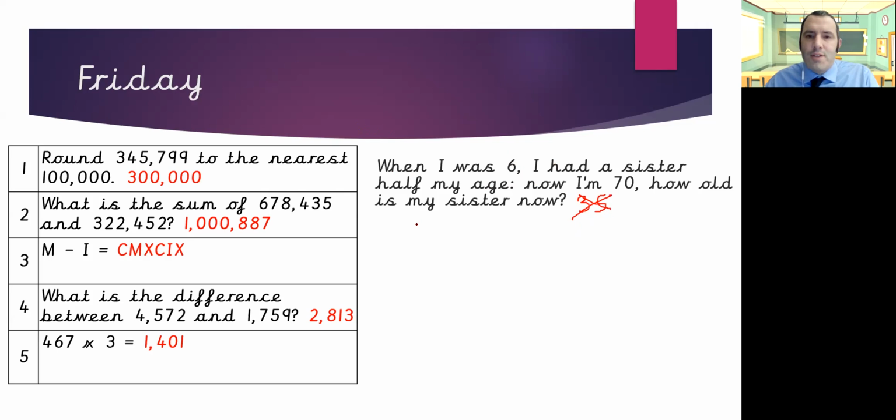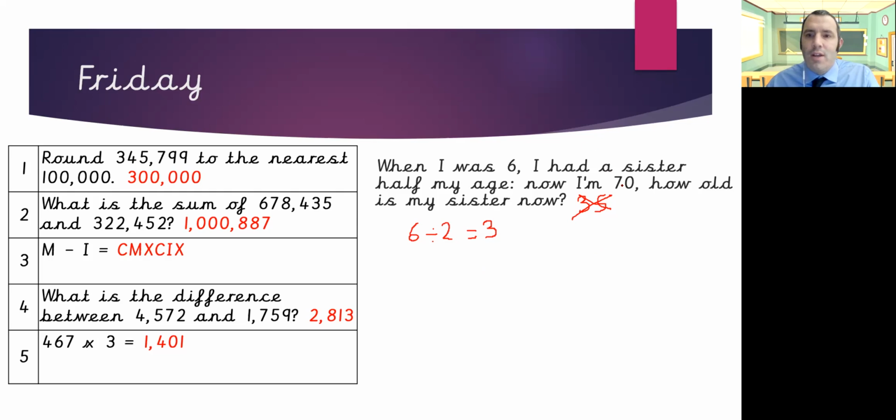When I was 6, my sister was half my age, so I'm going to divide that by 2. So when I was 6, my sister was 3. My sister's 3 years younger than me, not half my age. So it's a bit of a trick question. If you read it carefully, you'll be able to unpick it.